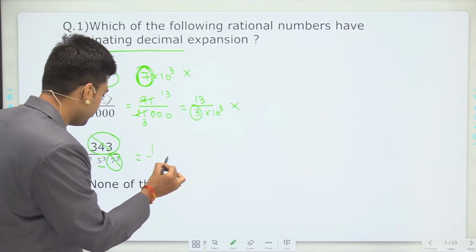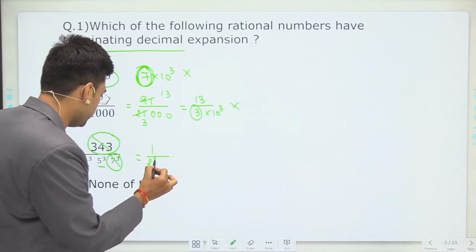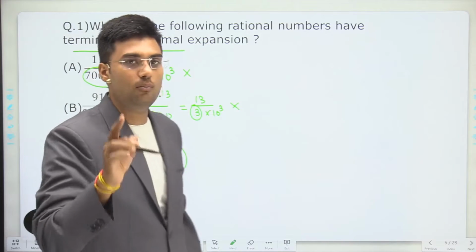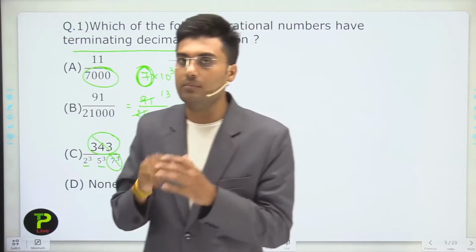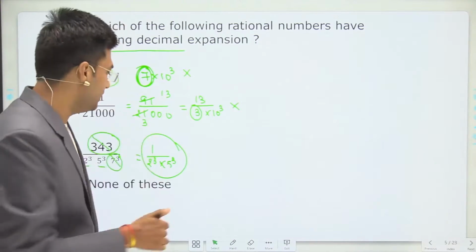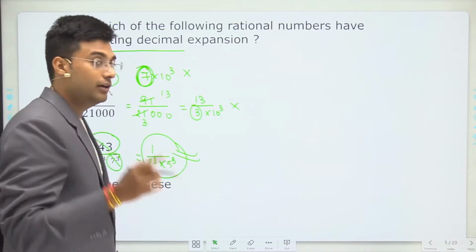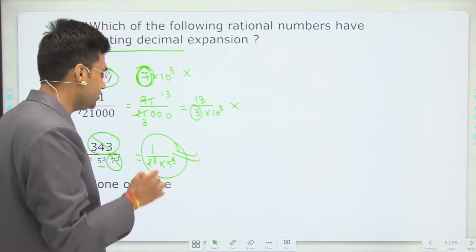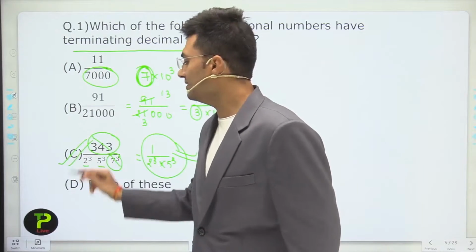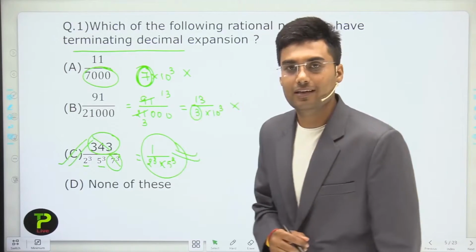So this fraction becomes 1 upon 2 power 3 multiplied by 5 power 3, which is in the form of 2 power m multiplied by 5 power n. So we can say that this fraction has a terminating decimal expansion. So our answer is option C. This is the correct option. Clear?